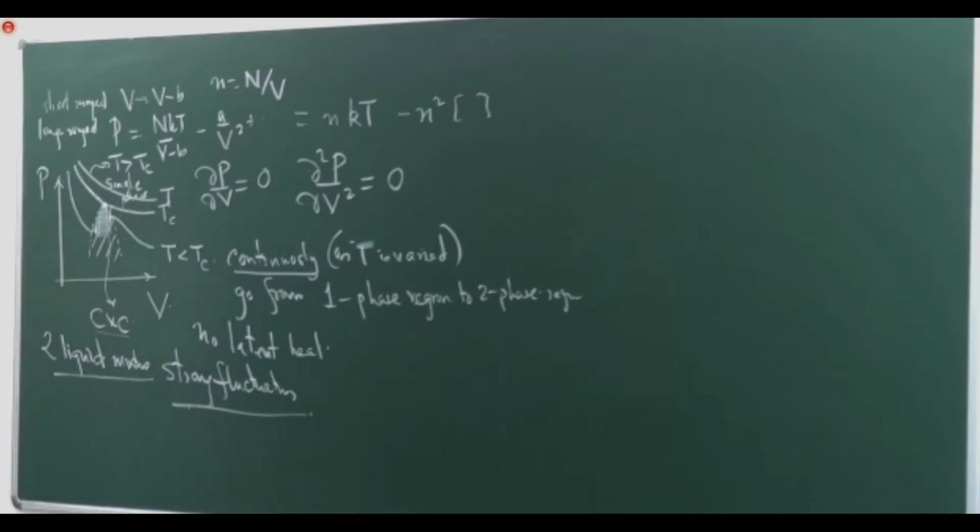The two liquids are mixed homogeneously at high temperatures, and then at a certain critical temperature, they phase separate. When they are just in the vicinity of the phase separating temperature, there is a huge amount of fluctuation, and as you cool the system further, it becomes well separated. A meniscus develops between the two phases.